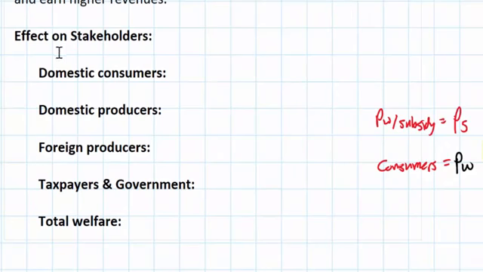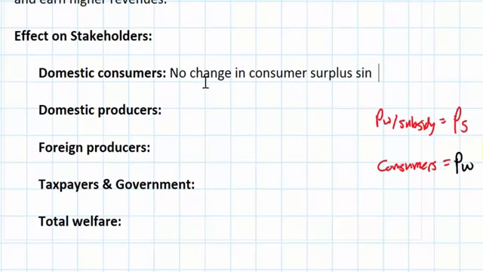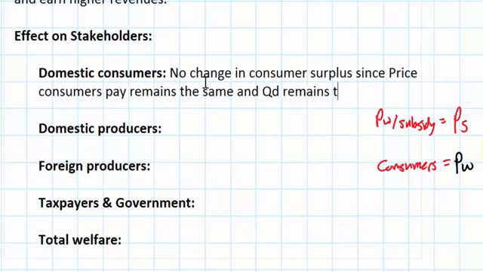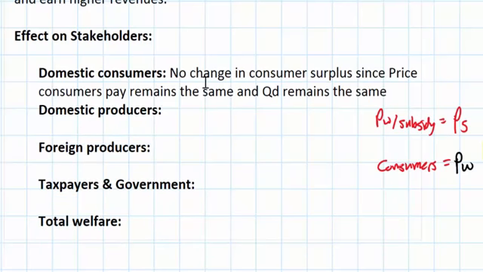So far it looks as if there is no loss of welfare in the market for apples because there is no change in consumer surplus, since the price consumers pay remains the same and quantity demanded remains the same. What about domestic producers?